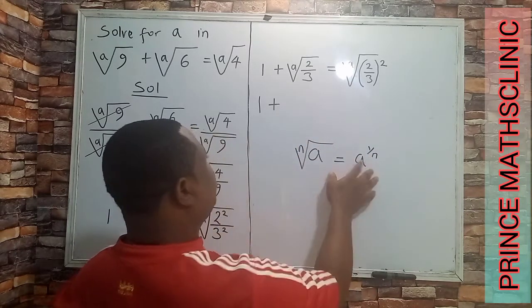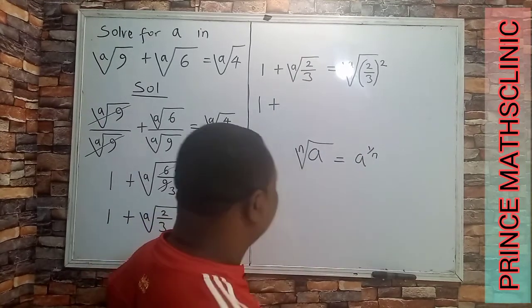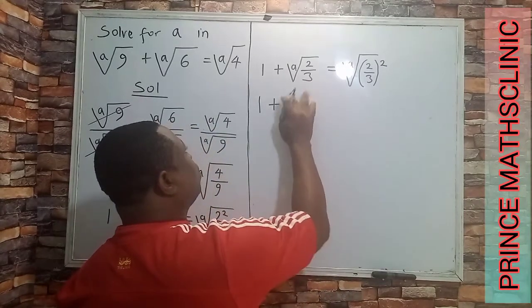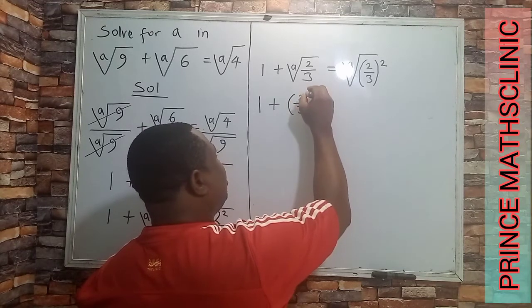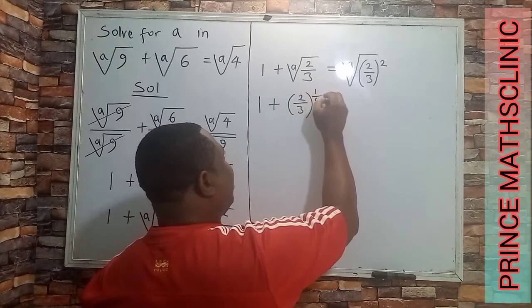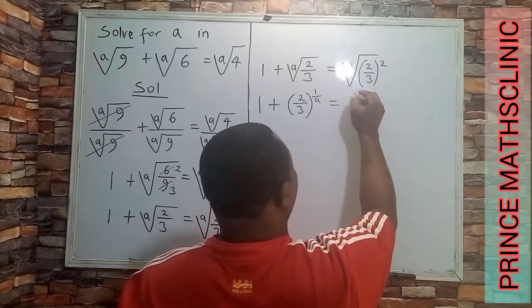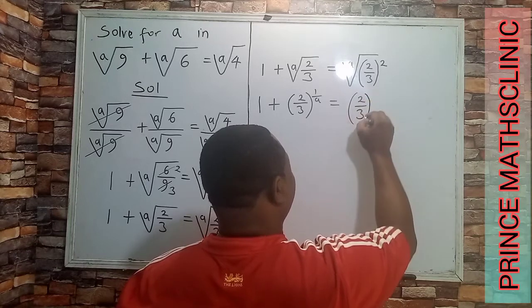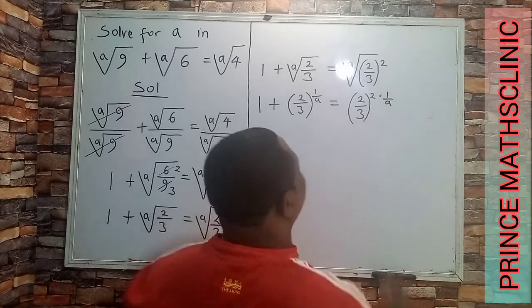So using this principle here, my solution becomes 2 over 3 to the power of 1 over a equal to, then I want to bring this here, so this becomes 2 over 3, remember it is squared, times 1 over a.